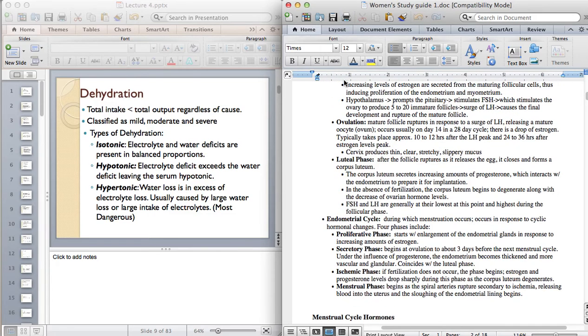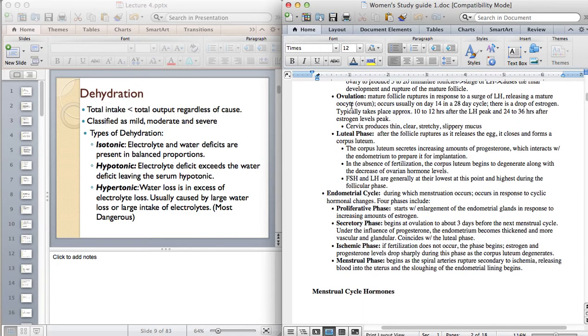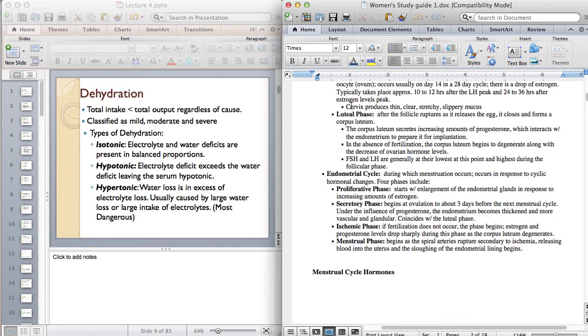Anytime there is total intake that is less than output, regardless of the cause, a child can get dehydrated from vomiting or from diarrhea, or just from insensible fluid loss, meaning from sweating.